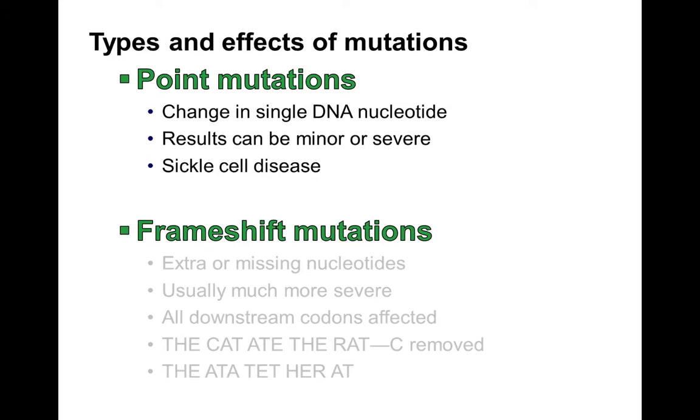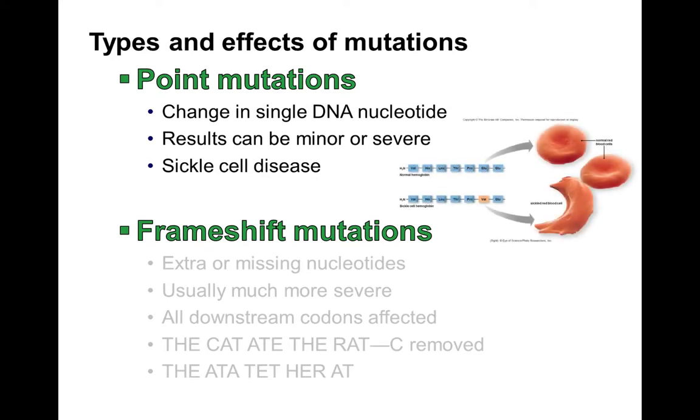One example of this that we have seen earlier was sickle cell disease. What happened there was that a single base was different, and that caused a single amino acid in the protein to be different, and that in turn changed the entire shape of a red blood cell. So this would be an example of a major consequence of a single point mutation.